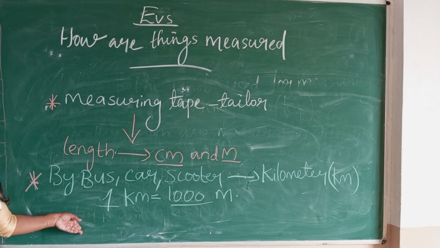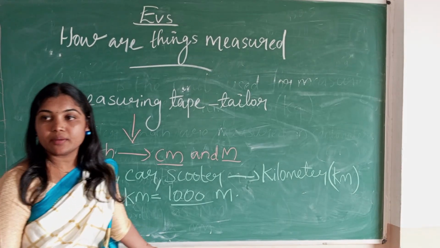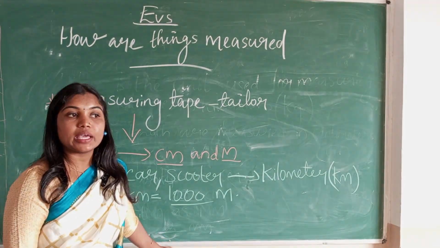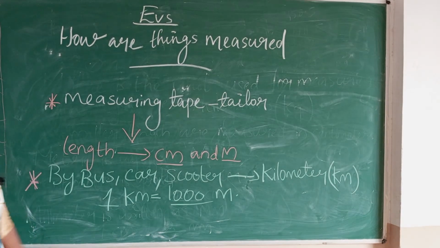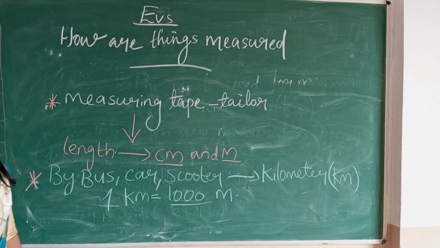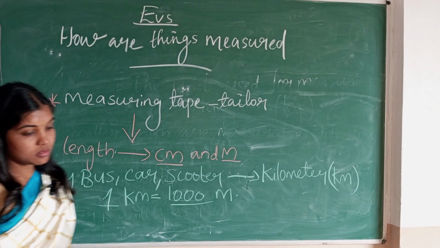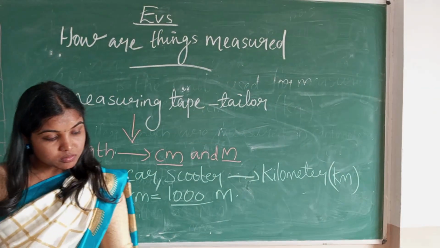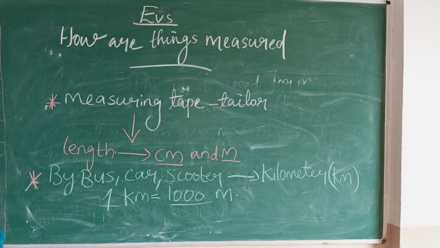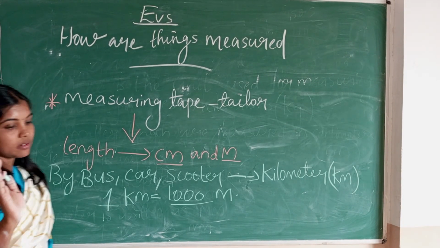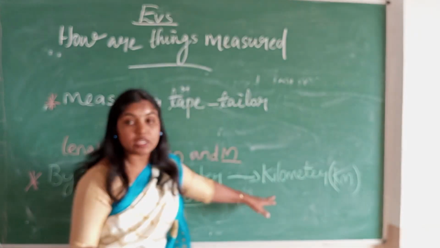So 2 kilometer is equal to 2000 meter. 5 kilometer, 5000 meter. So very long distance we can measure in kilometer.